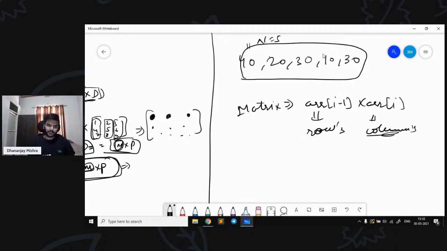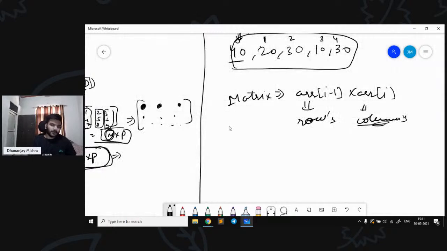If I start marking all my matrices from the 0 index, it will not be possible, because to get the rows of a particular matrix we have to go one step back to array of I minus 1. But if I do array of 0 minus 1, I will get a minus 1, so it is not possible and it will give us an error. That's why we will be starting from index number 1 and start looking at the matrices that can be formed.